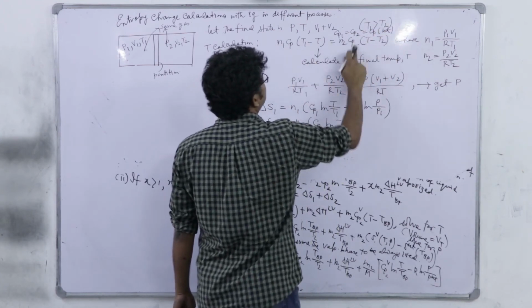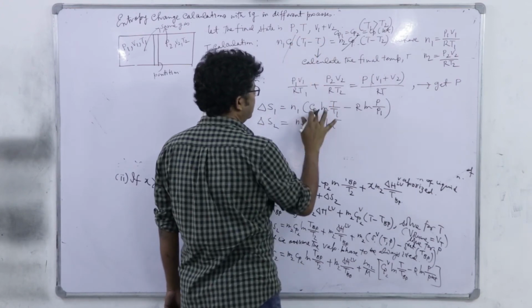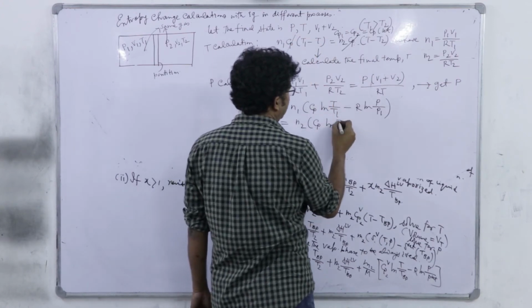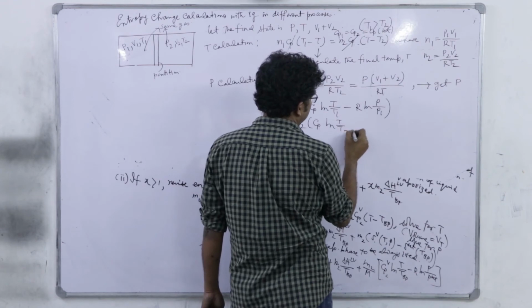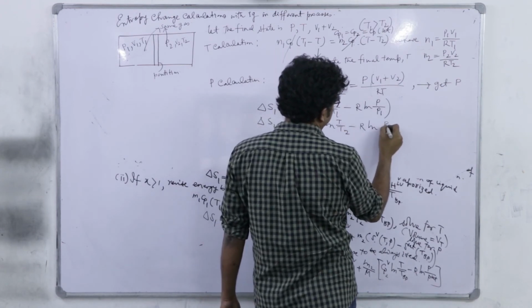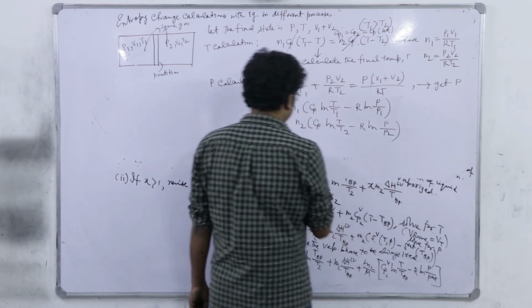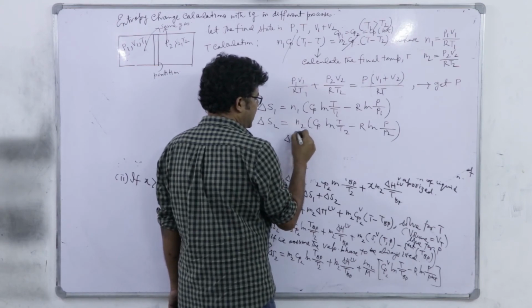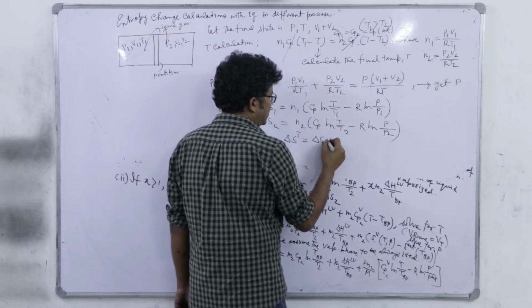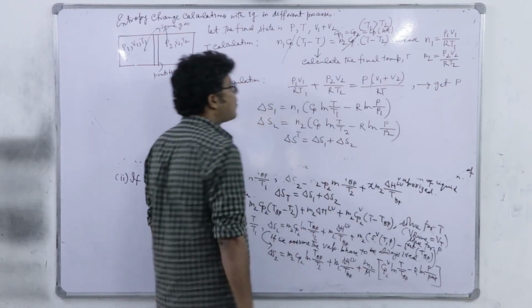So delta S universe or delta S total is equal to delta S1 plus delta S2.